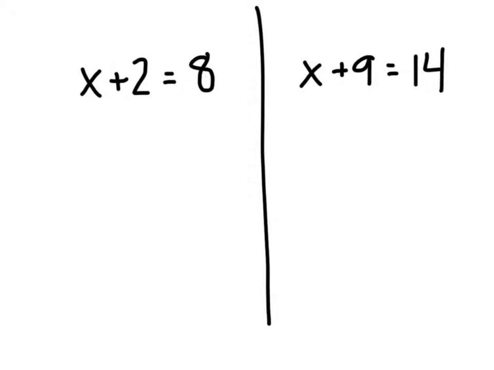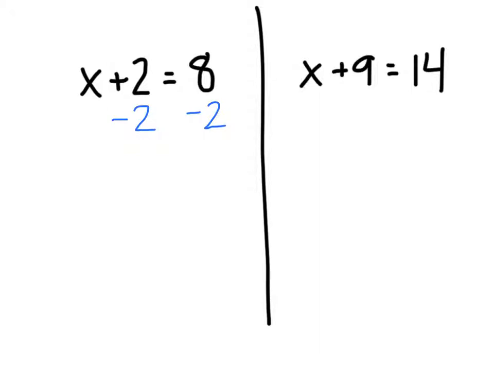One simple way to do it: the opposite of addition is subtraction. So we could subtract 2 from both sides of the equation, and then we can solve from there.